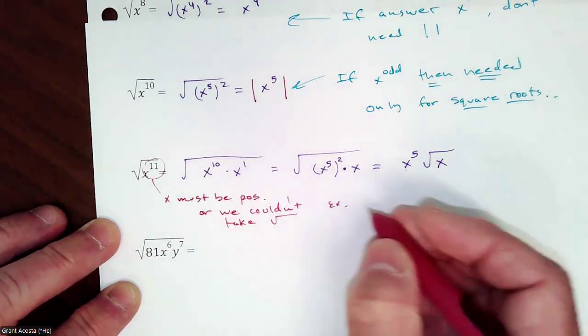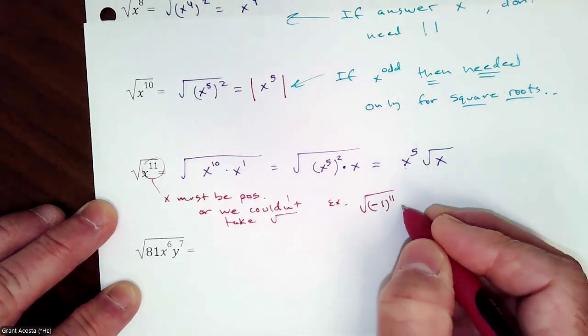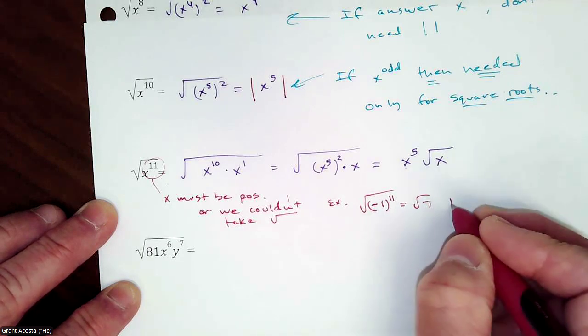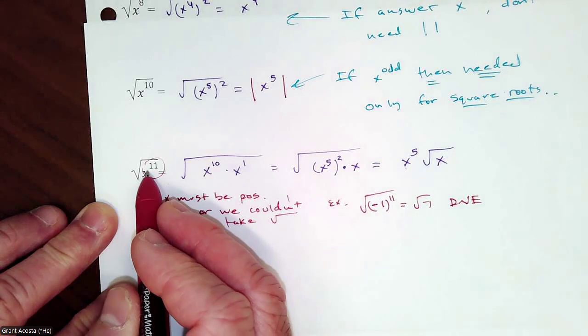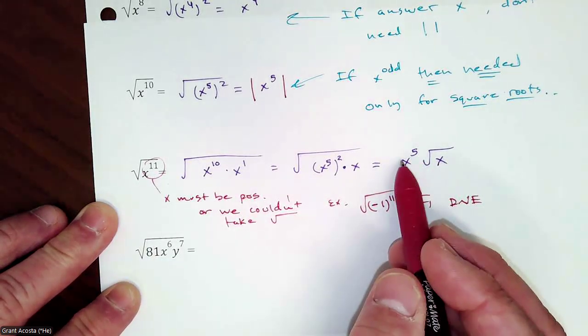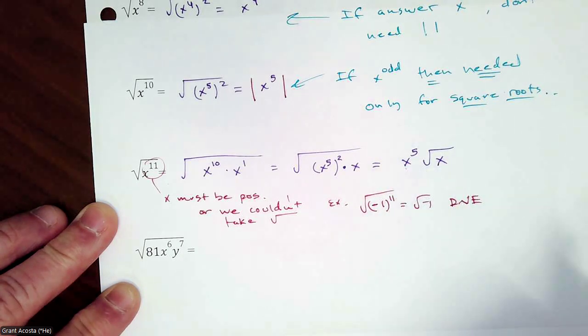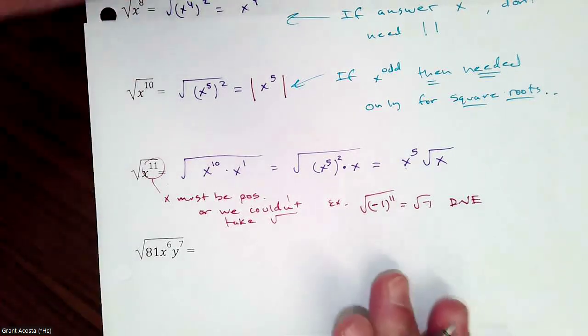For example, if I tried to do the square root of negative 1 to the 11th, that doesn't make any sense. That's the square root of negative 1, which does not exist. So x had to be positive. And because x had to be positive, I don't have to worry about it. There's no absolute value here. Again, if you put it, technically fine, but you don't need it.